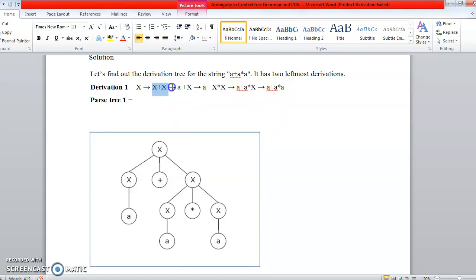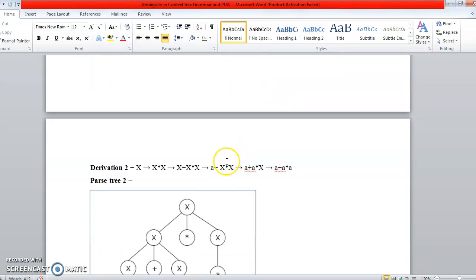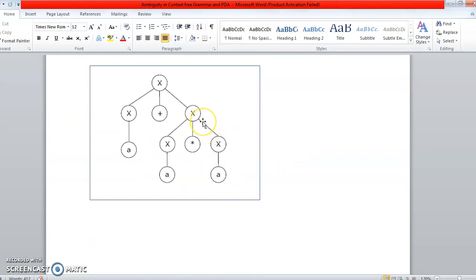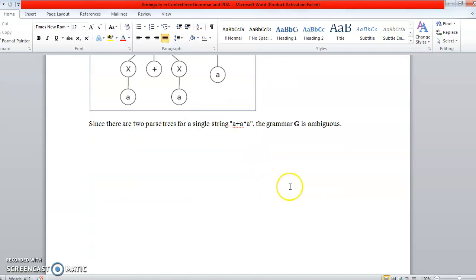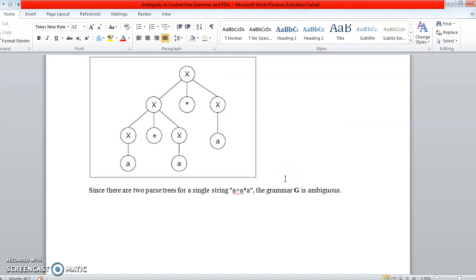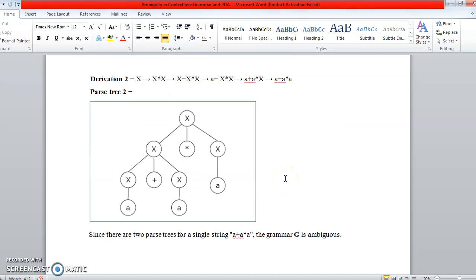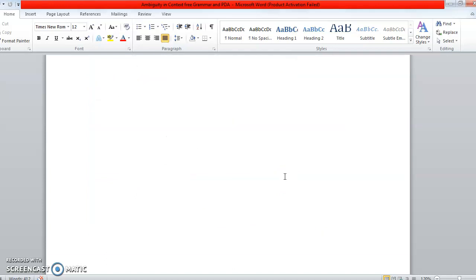Here I have used the left derivation method, here also I have left derivation, but the parse structure is different. So this nature in the CFG is called ambiguity, and this CFG is ambiguous in nature. So this is the ambiguity in context-free grammar.